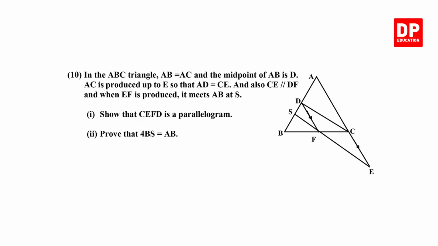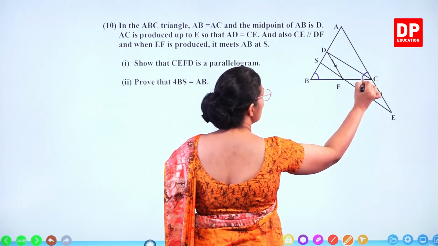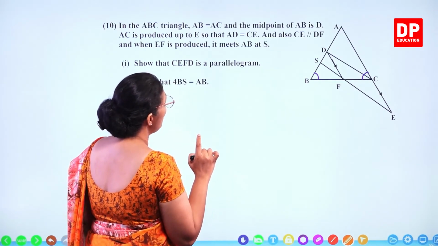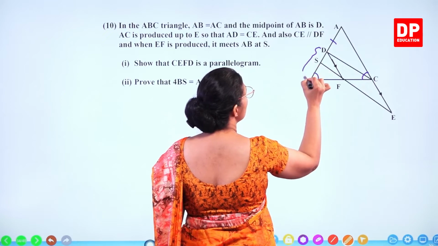Question number 10. This is about a proof question. So let's do that. In the ABC triangle, AB equals AC. So these two lengths are equal. That means this angle is equal to this angle. And the midpoint of AB is D. So this distance and this distance both are equal.